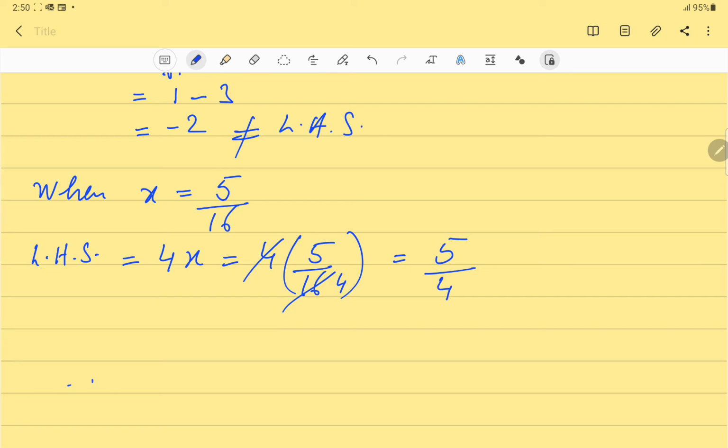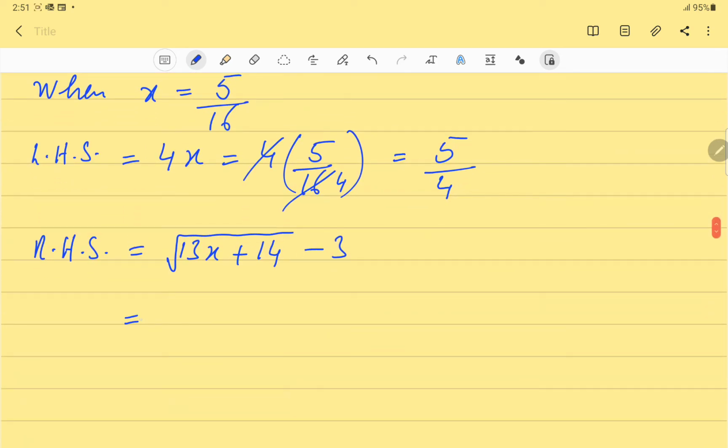Now let's check the right hand side. It is equal to square root of 13x plus 14, minus 3.